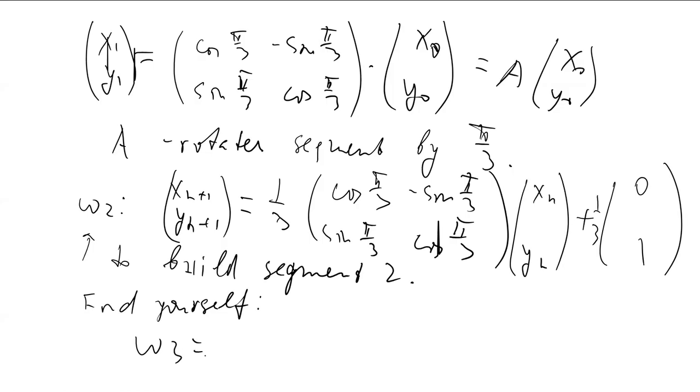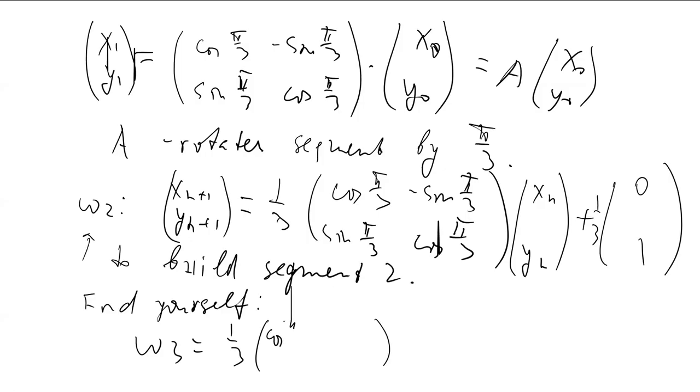Omega 3 is 1/3, so it should be the same shrinkage. And now here we will find out that rotation should be by 2 pi over 3. Just check it. Look at the Koch curve until you find out that it is rotation by 2 pi over 3.